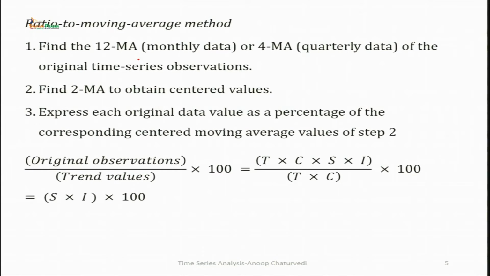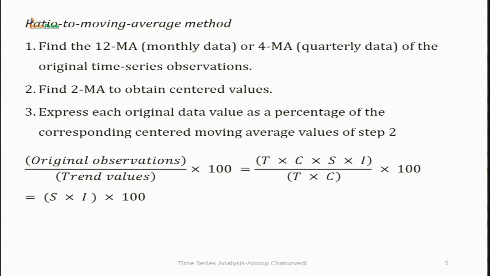Then to center the values, we further obtain a 2 MA, means a moving average of period 2. Then we express each original data value as a percentage of the corresponding centered moving average value found in step 2.